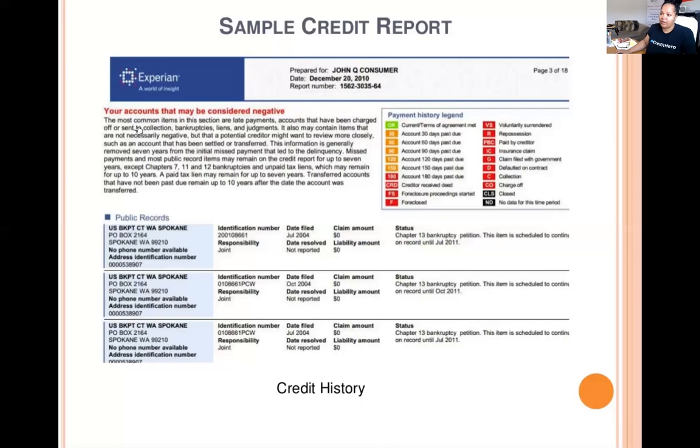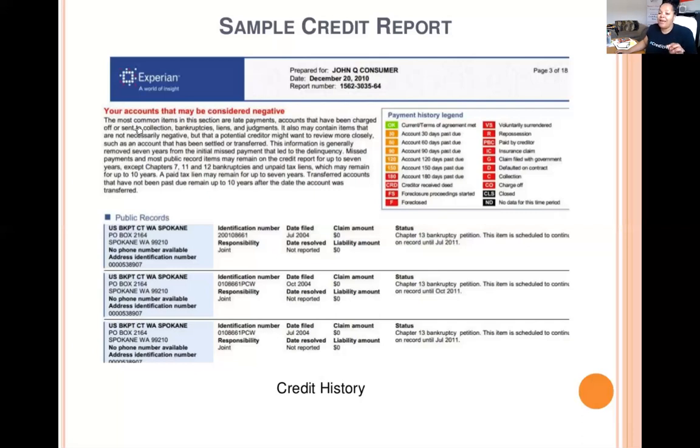An inaccurate item on your credit report could be a wrong account number or a wrong balance that's being reported, right? On the personal side, it could be a misspelling of your name or the incorrect number on your address, right? On the trade line side, it could be the fact that the account is closed, but they're still reporting it open with a balance. That's an inaccurate item, right?